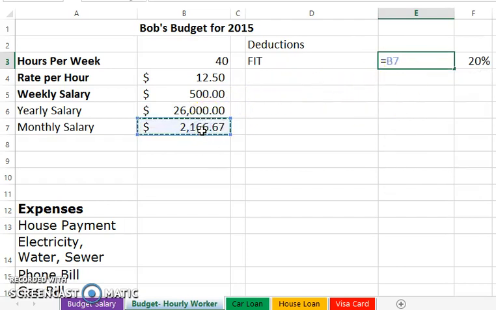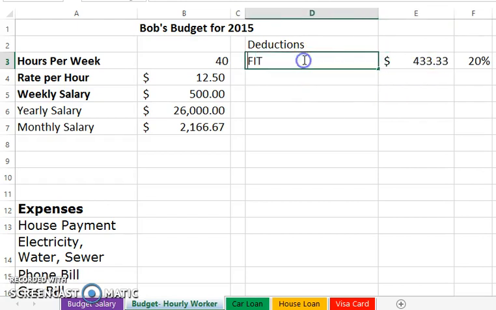We'll take the monthly times 20%, and out of that, 2,116, you're going to pay this amount, and I'm going to put federal income tax. This is going to be monthly. Now on the salaried one, I did it yearly, and then I divided it by 12. So I'm going to do it this way because I think it's better.